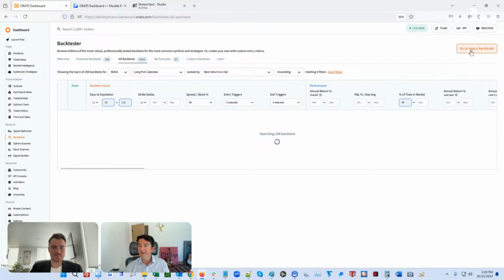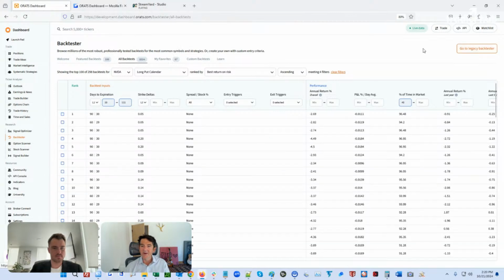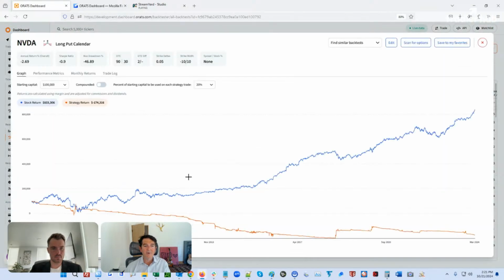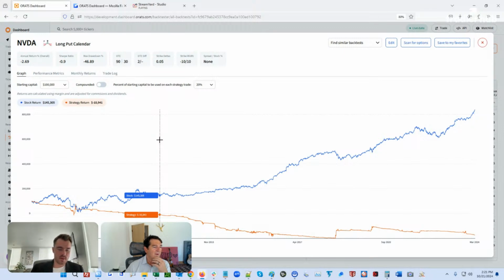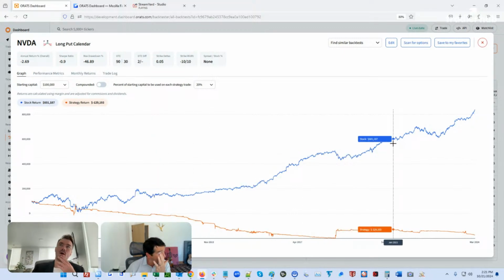Tyler's talking about the legacy backtester. I think we don't quite have enough time to get into all of that detail. This is showing that generally the put calendars don't do that well in Nvidia, and potentially the reason is it's just gone straight up. So typically put calendars won't do that well when you have a stock that's just going straight up. But hopefully, in this case, we have earnings, and if we get some type of a pullback or something similar, this will do fine.